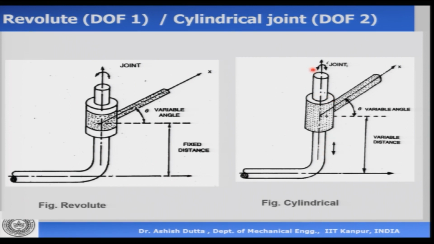This cylinder can go anti-clockwise or clockwise on this axis, and it can also slide up and down. So there are 2 degrees of freedom, or 2 variables. One is this distance, which can change, and number 2 is this angle, which also changes when it is rotating. So a cylindrical joint has 2 degrees of freedom, and a revolute joint has 1 degree of freedom.